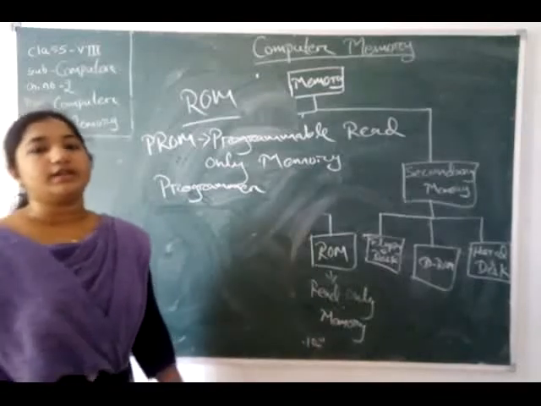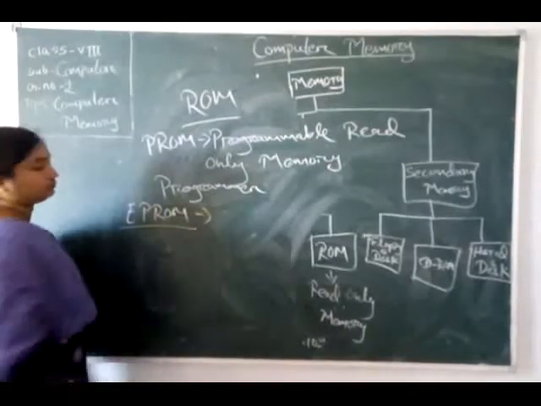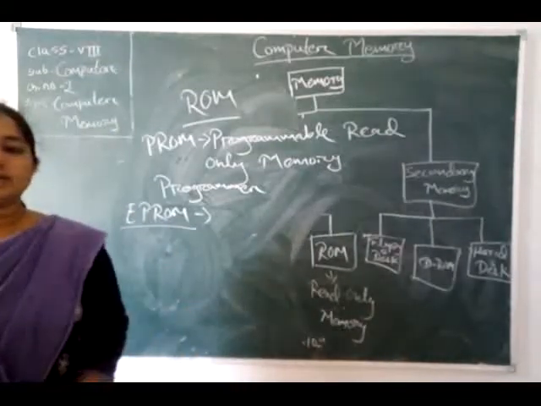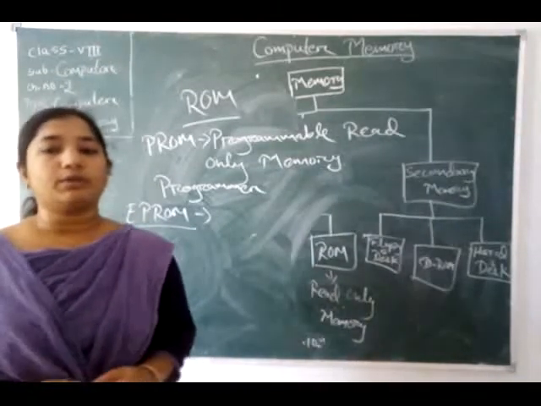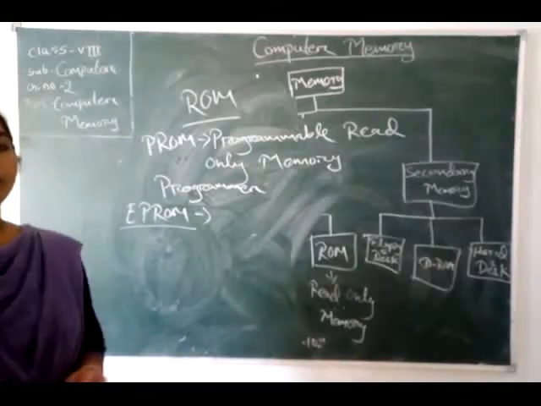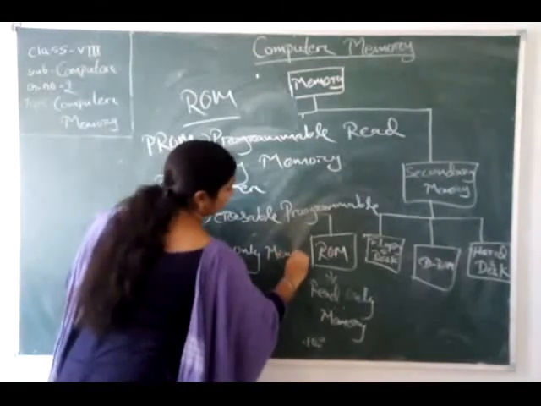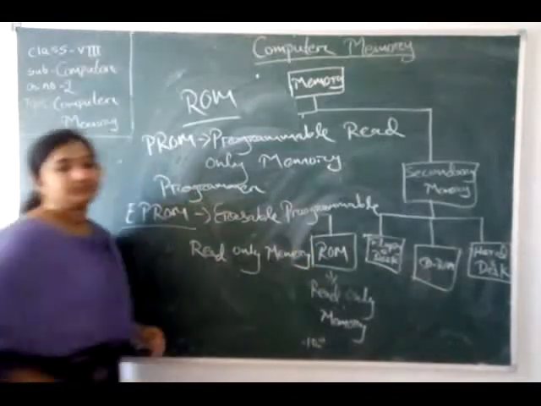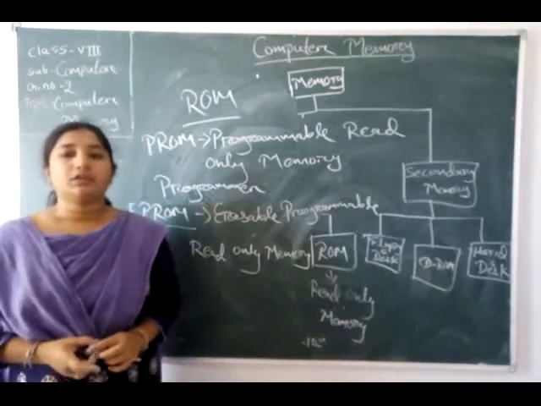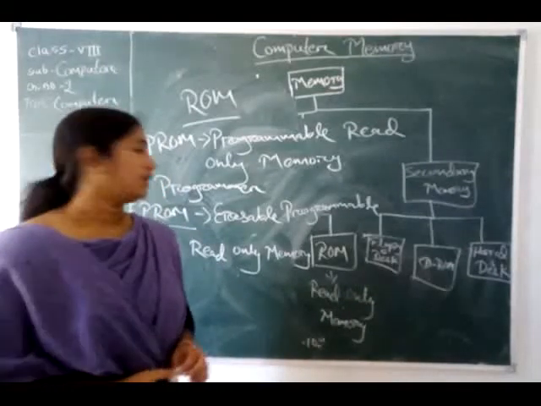The next one is EPROM. EPROM stands for Erasable Programmable Read-Only Memory. It can be erased with the help of ultraviolet light and rewritten many times.